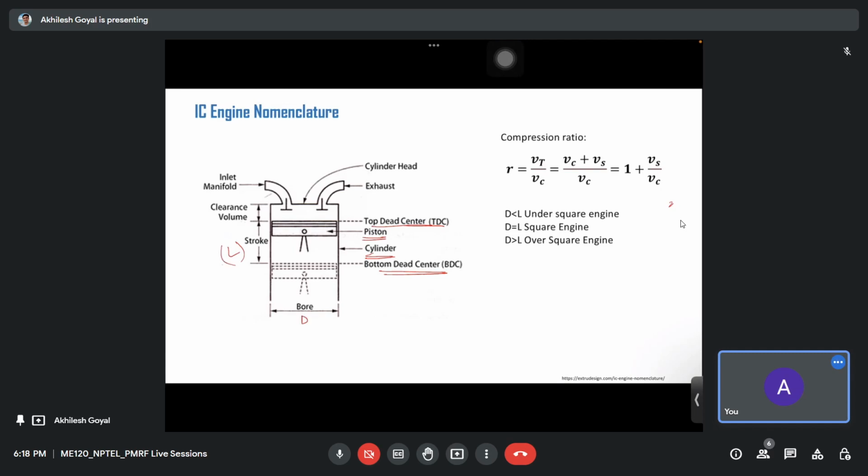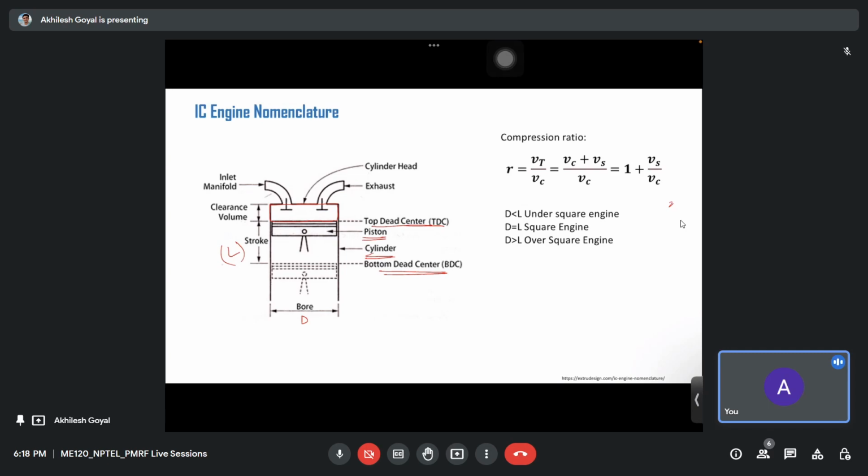There is this volume that remains there, but the piston doesn't go into that volume. So this small volume is called clearance volume. Here you can see two things.